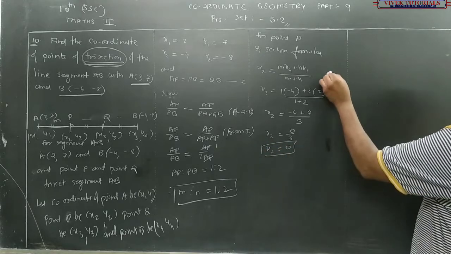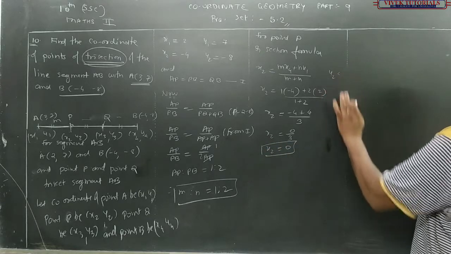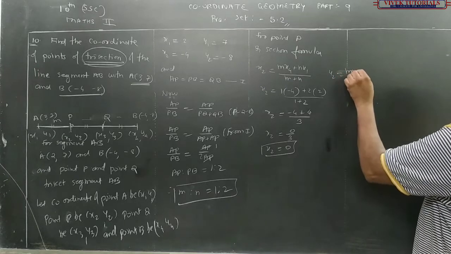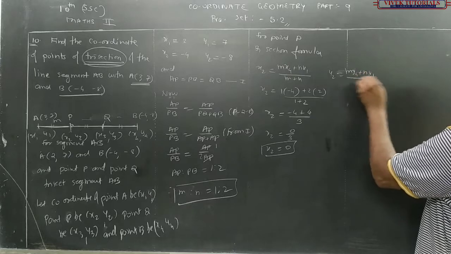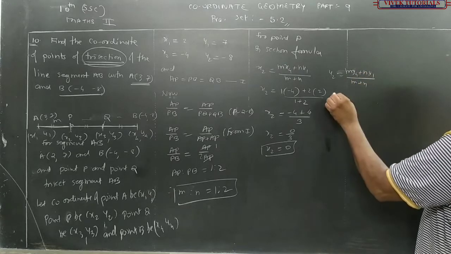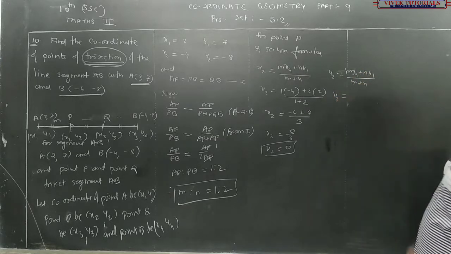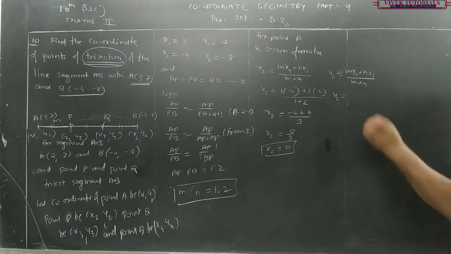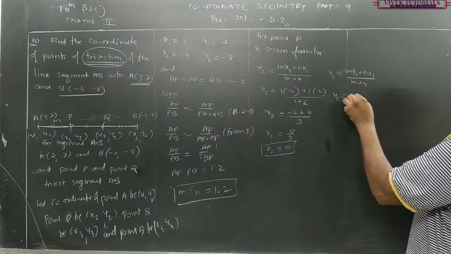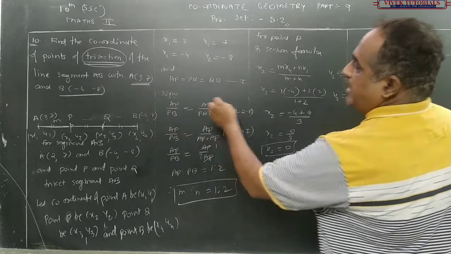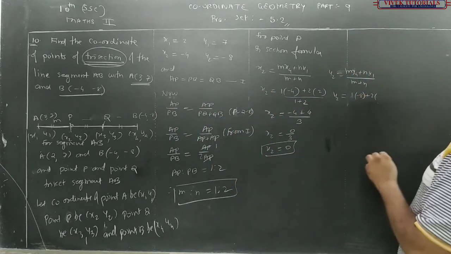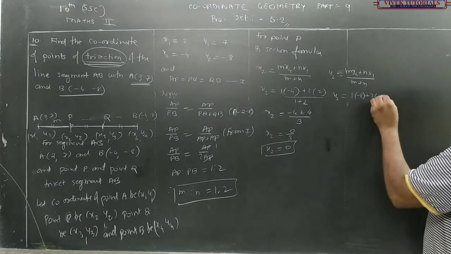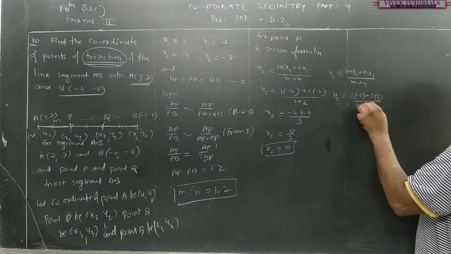And what about y? y2 is equal to m y4 plus n y1 upon m plus n. So y2, what will I get? m का वैल्यू कितना है, 1, into y4 is -8, plus 2 into y1 is 7, upon 1 plus 2.